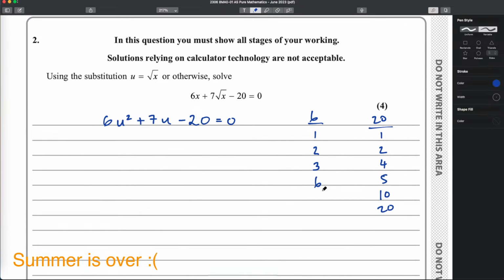I feel like there must be a way. 15 and 8. Okay, yeah, 15 and 8 should work, right? Yes. Okay. I finally saw it. Took me a while. So we're going to use 2 and 3 and 4 and 5. Should work.